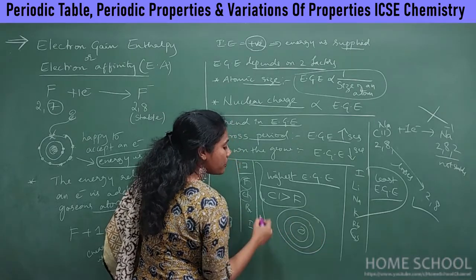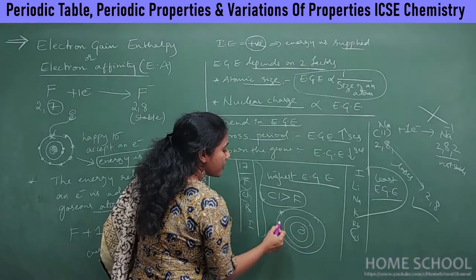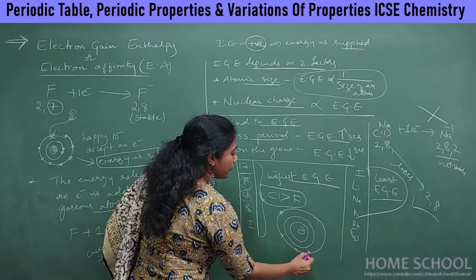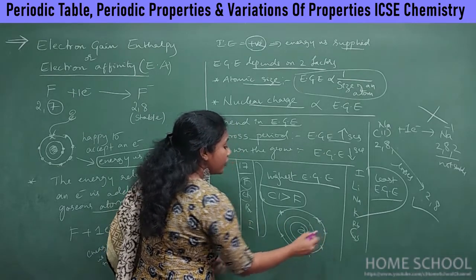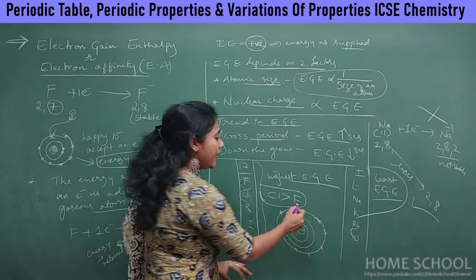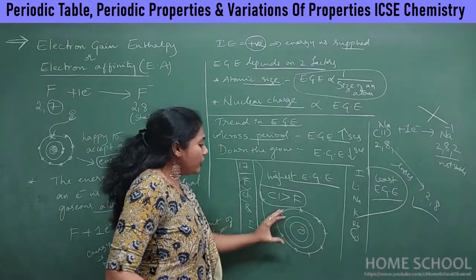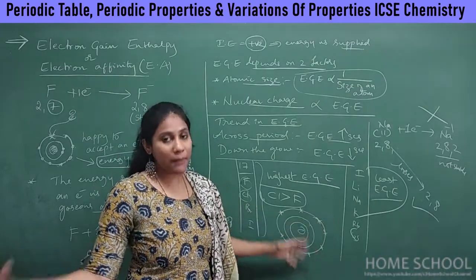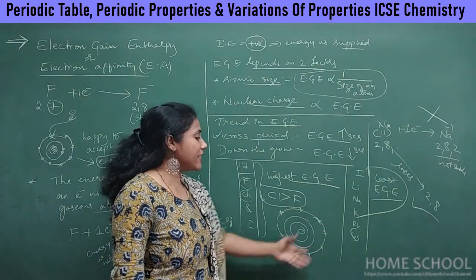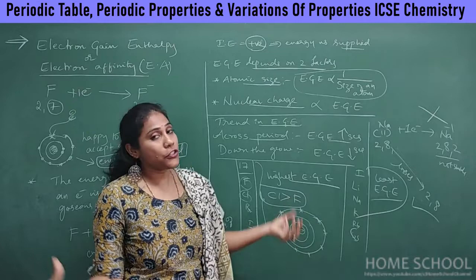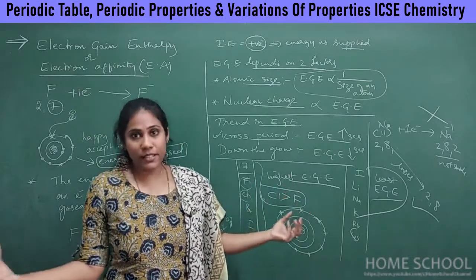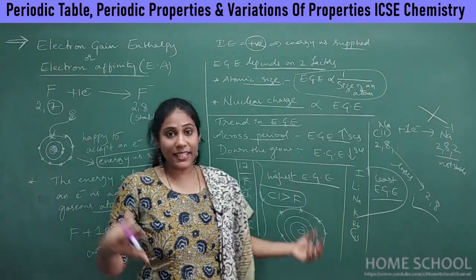The third shell is much bigger. How do you arrange 7 electrons? 1, 2, 3, 4, 5, 6, 7. There's nice space, and the 8th electron can stay here with less repulsion because it's a bigger shell. Along with the 7 electrons, the 8th electron also has much space, much place to stay inside.